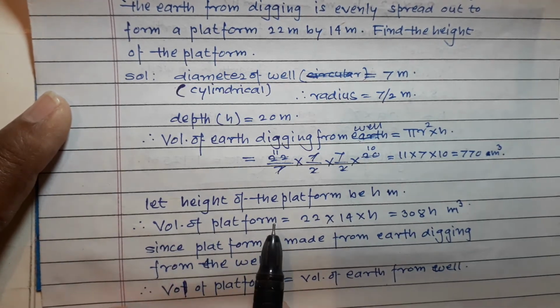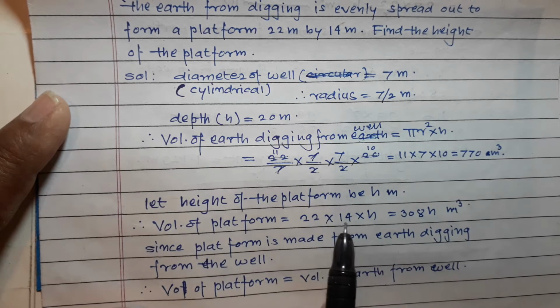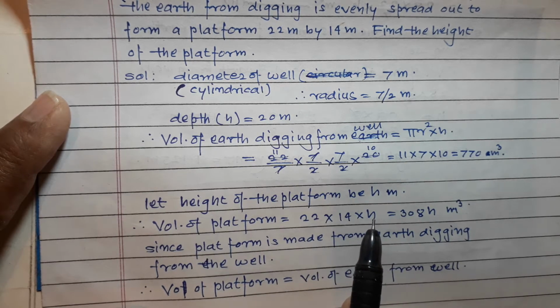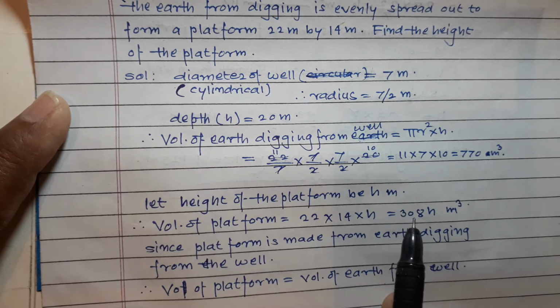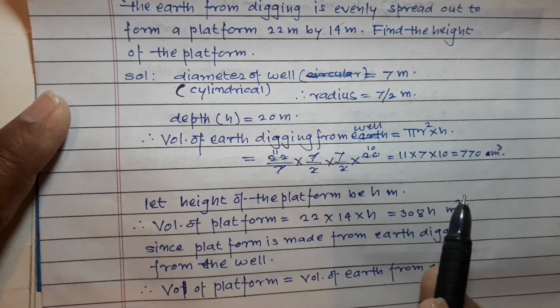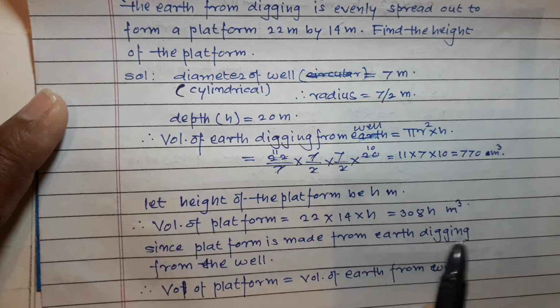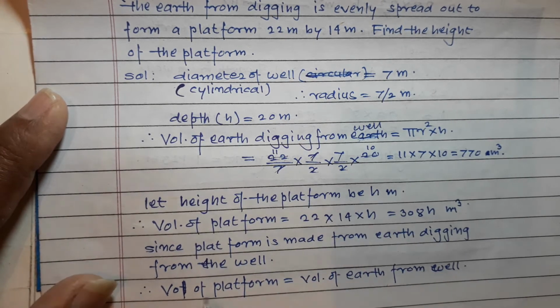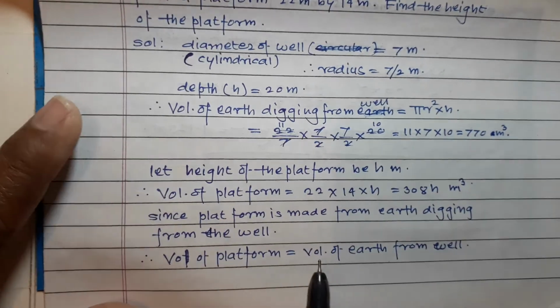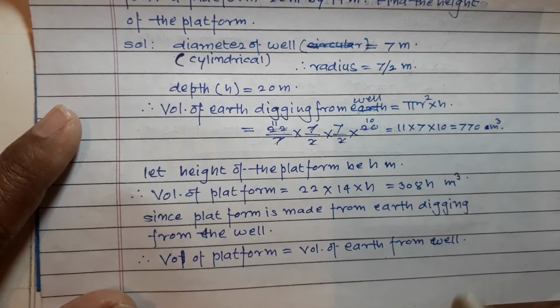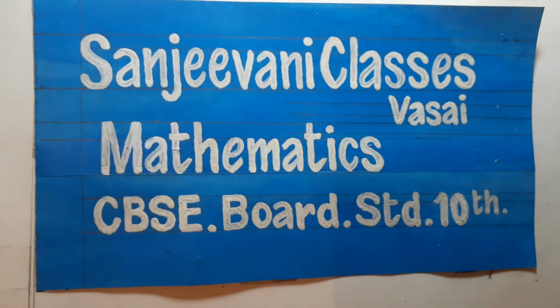Now let the height of the platform be h meters. Volume of platform is equal to 22 into 14 into h, is equal to 308 h meter cube. Since the platform is made from earth dug from the well, the volume of platform is equal to the volume of earth from the well.